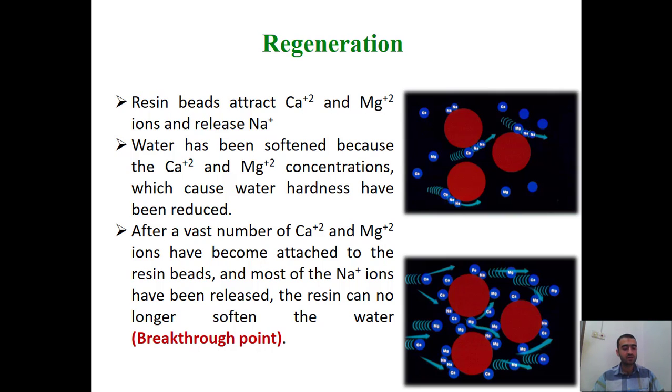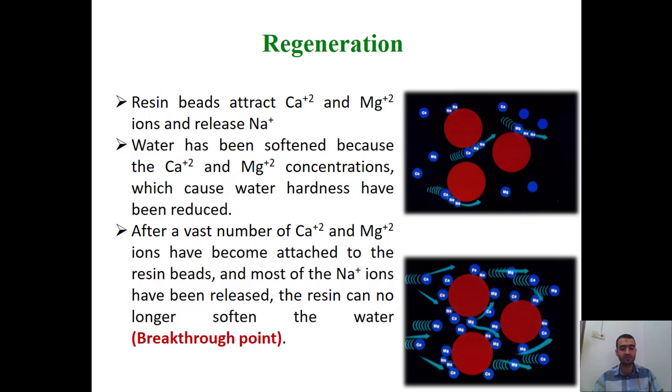But after a vast number of calcium and magnesium ions have become attached to the resin, and most of the sodium ions have been released into the solution, the resin can no longer soften the water efficiently.